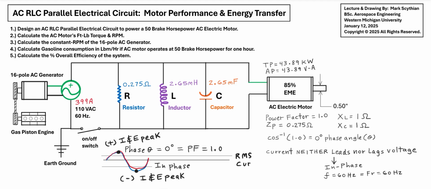And then the effective value that is practically used is the root mean square current and voltage. So the root mean square or effective current and voltage is exactly the peak value divided by the square root of 2. So we take the square root of 2, 1.41, we multiply that times the effective values, and then we get the peak.